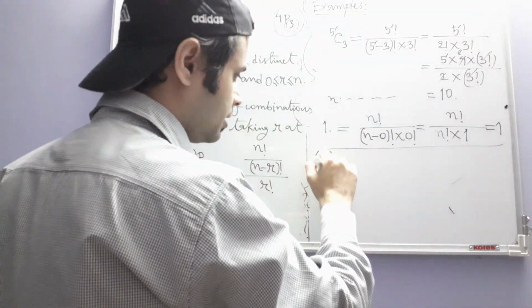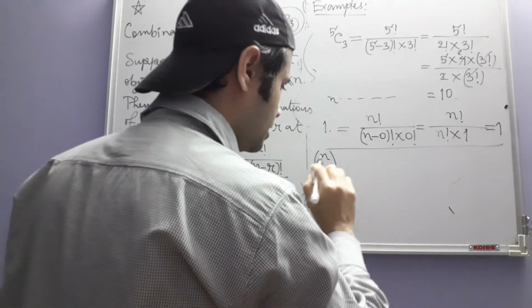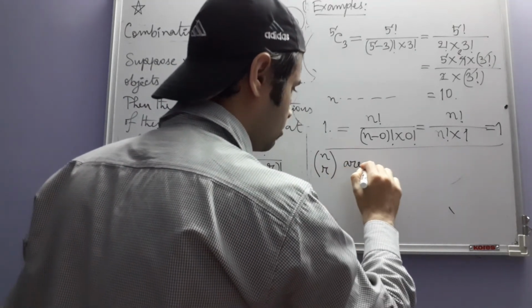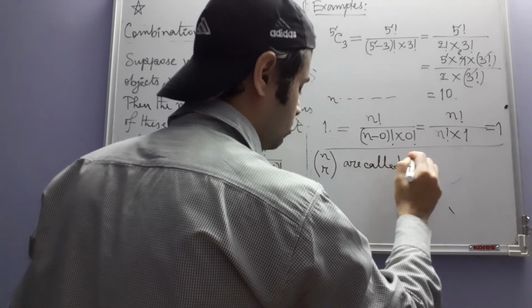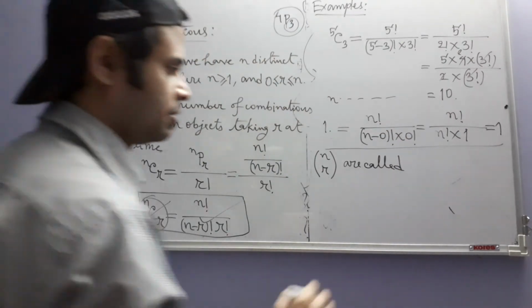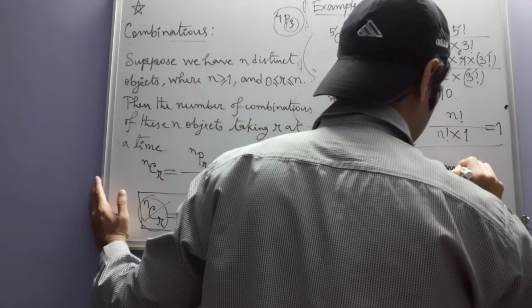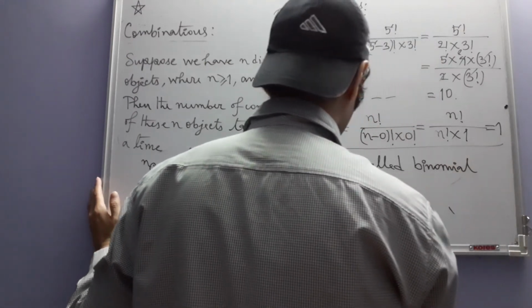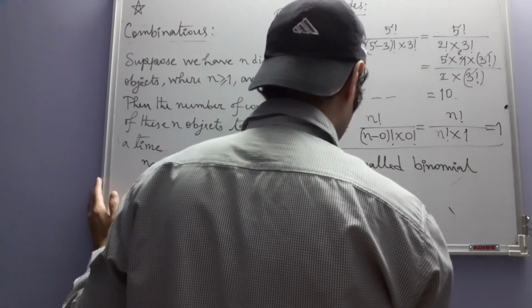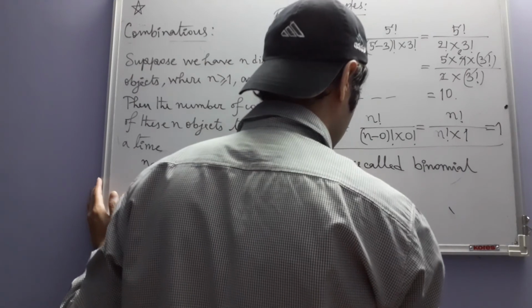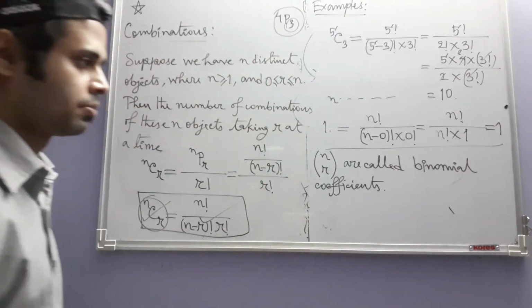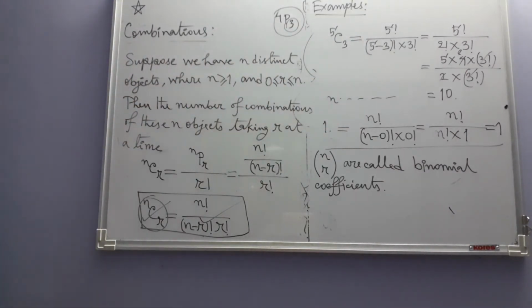They are written in a particular fashion, and these numbers have a name. These are called binomial coefficients. Why are they called binomial coefficients?